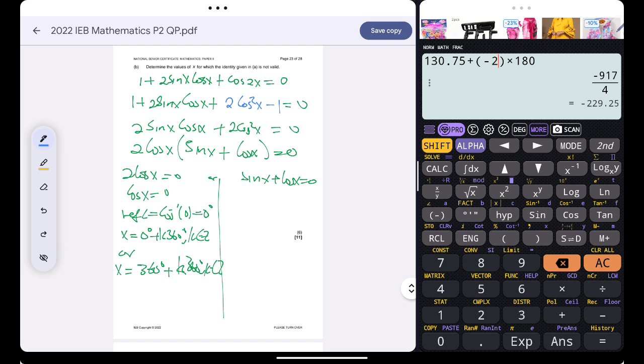And then for the other side, I'll simply have sine x is equal to a negative cos x, right? Whenever I divide both sides by a cos, I will have tan on one side and a negative 1 on the other side. So my reference angle is tan inverse of 1, which is equal to 45 degrees. Then my duty is to express the 45 degrees where tan is negative.